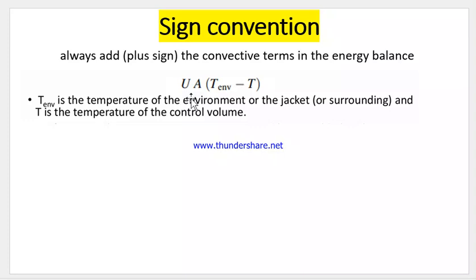It would be negative if heat is going out, like the convective flow going out of the exit of the reactor. But if you adopt this convention, it is going to be positive: plus UA(T environment minus T). So whether the environment is supplying heat, or heat is going out from inside the reactor to the environment, we continue to use positive and we get the same result.